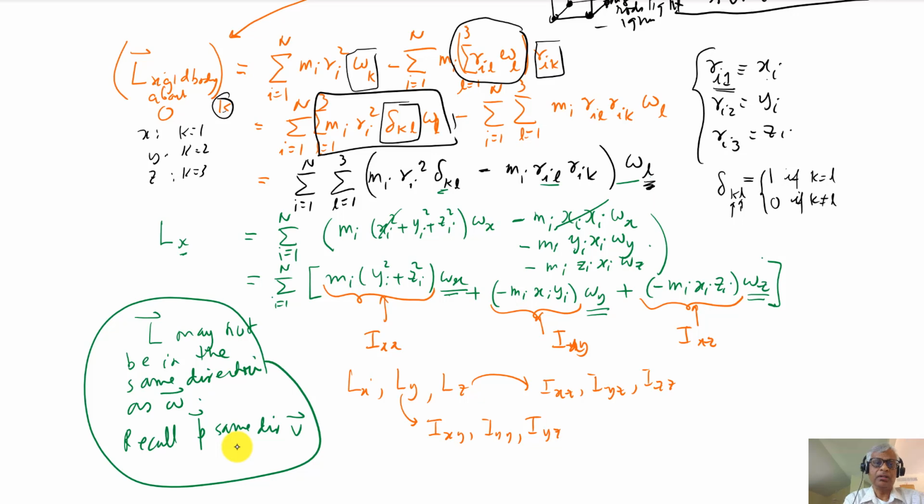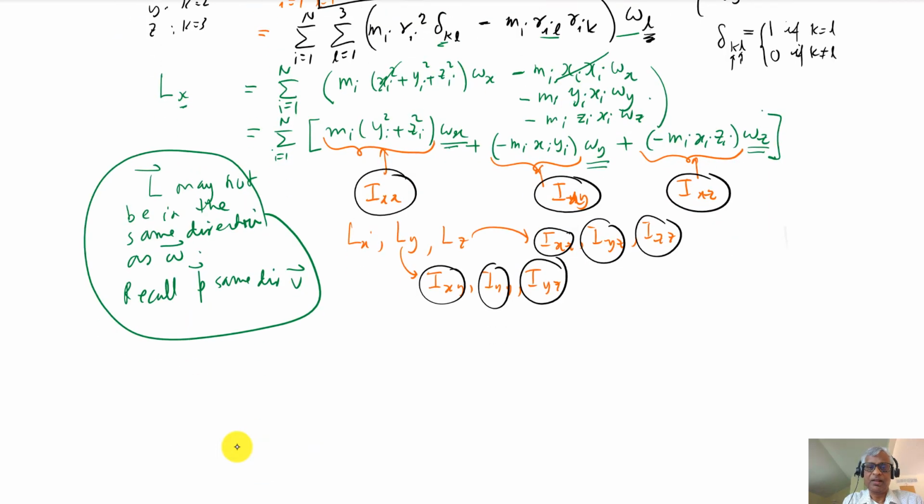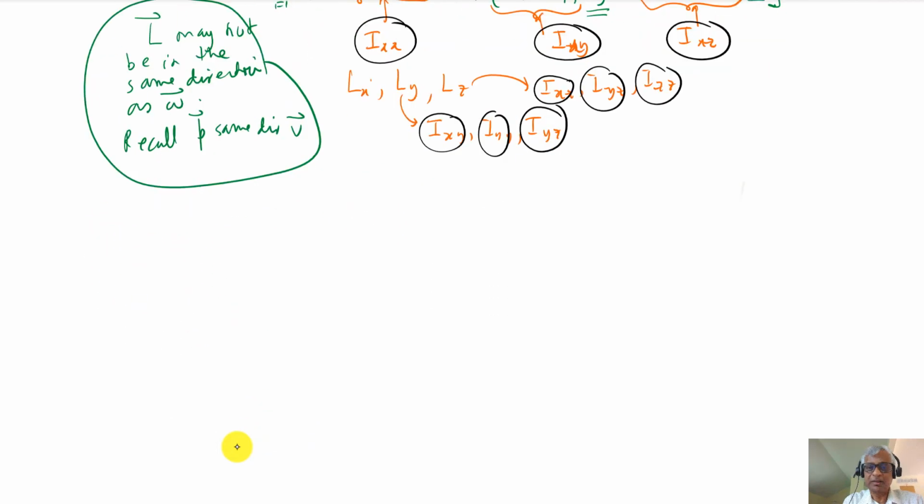So in general, what you are going to get is 1, 2, 3, 4, 5, 6, 7, 8, and 9 moments of inertia. That's too complicated, right?